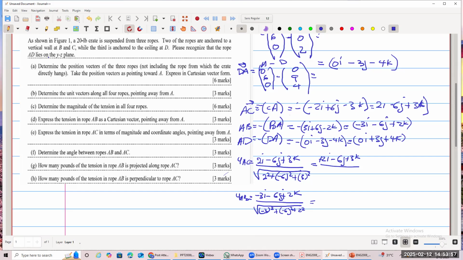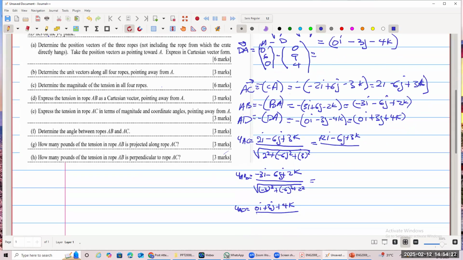And the next one would have been UAD, which equals 0I plus 3J plus 4K, all upon the root of 0 squared plus 3 squared plus 4 squared.